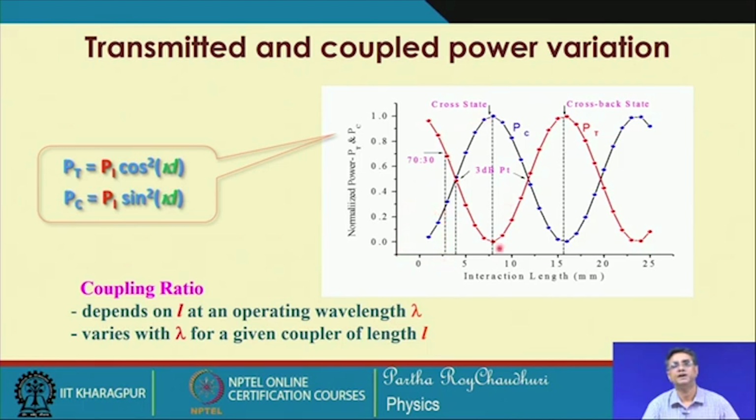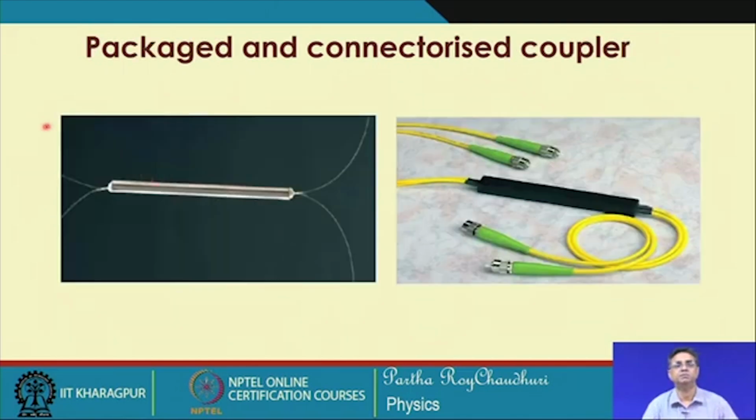So, you can design any power splitting. You can have the same thing after a large number of periodic cycles. So, this coupling ratio, that is the splitting ratio, depends on L at an operating wavelength lambda, and it varies with lambda for a given coupler length. If the length is fixed, then it depends on wavelength, but if the wavelength is fixed, then it depends on the length of interaction. So, this is the basic principle.